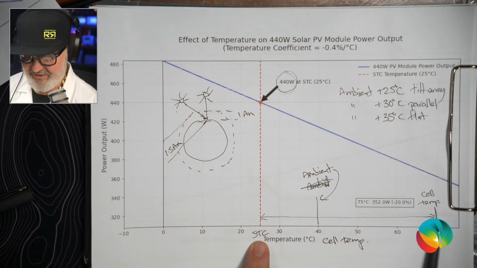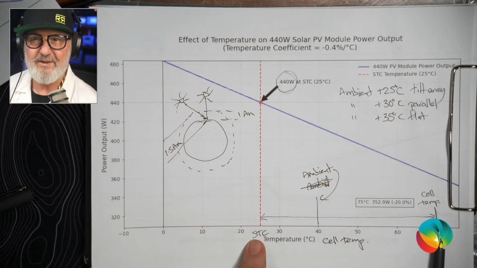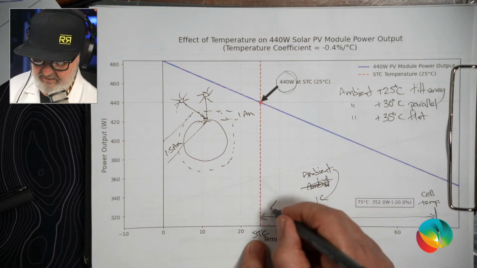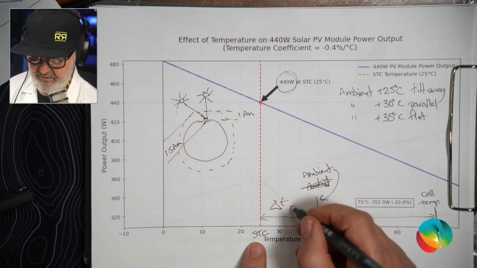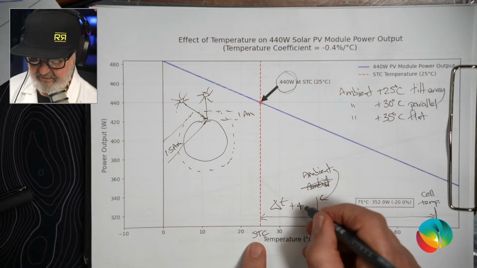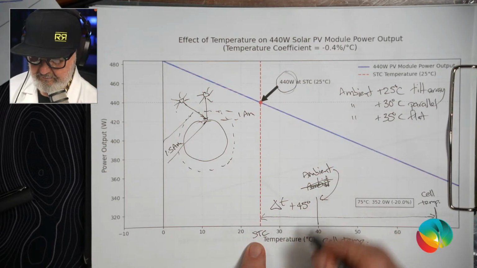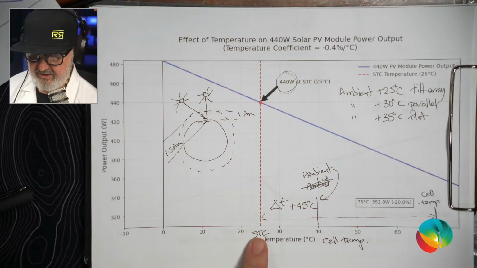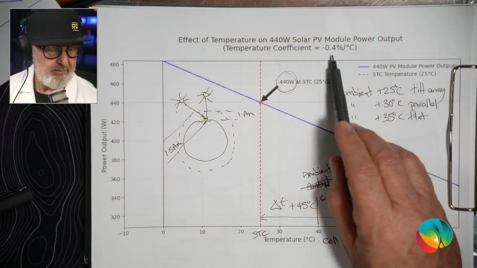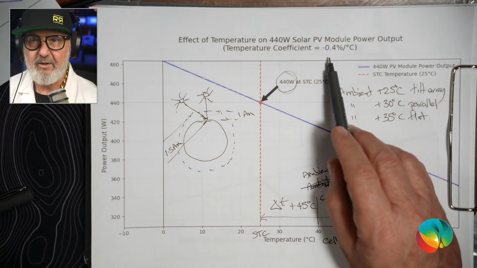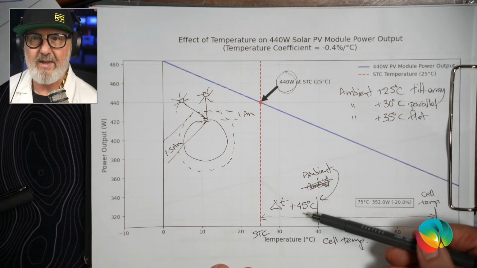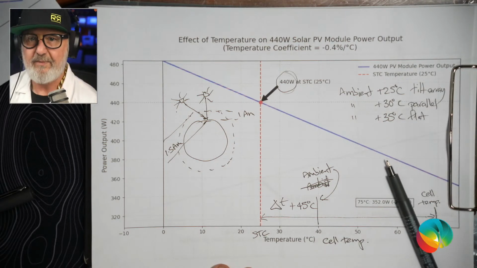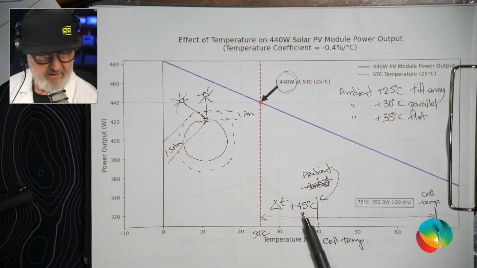That's pretty bad, because 45 degrees Celsius difference, we call this delta T, change in temperature, is 45 degrees above our test conditions, and we multiply that 45 by our coefficient for power loss. Now notice it's a negative number. So all those smart maths heads out there will know that a negative number times a positive number gives you a negative response. So it's going to be a negative answer.